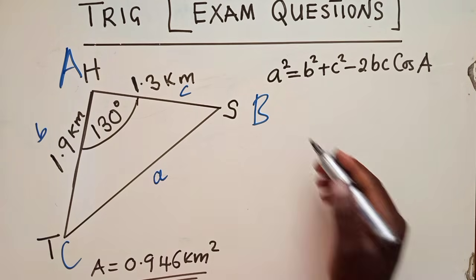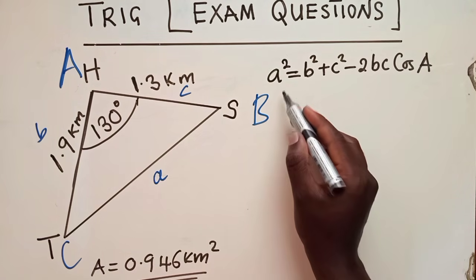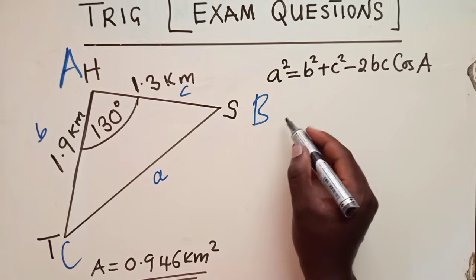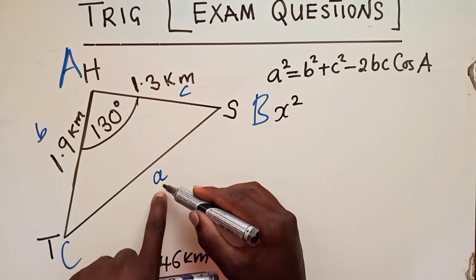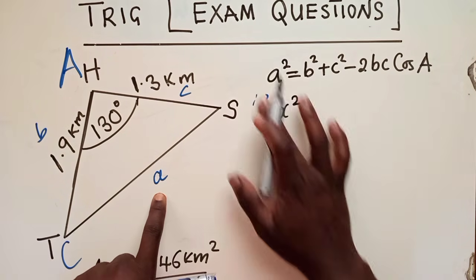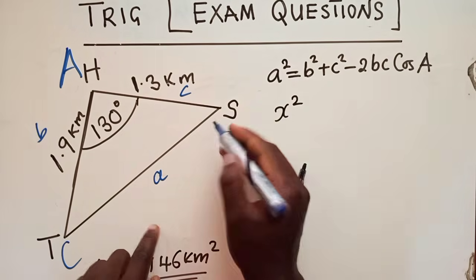Now, since we've labeled, we can now start plugging in. What is my small letter a? I don't know. I'm going to put letter x. This is what I'm looking for. I know that this is my capital B, this side here.